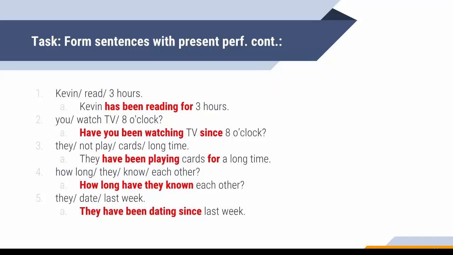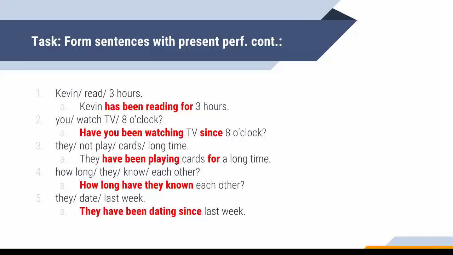The aims of these two exercises, again, to get used to the tense, to get used to using the forms. Kevin has been reading for 3 hours. Don't forget that you need markers here as well, markers which are not in the words given. Kevin has been reading for period.